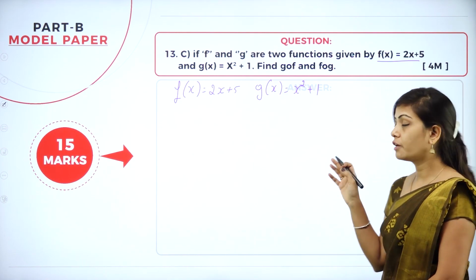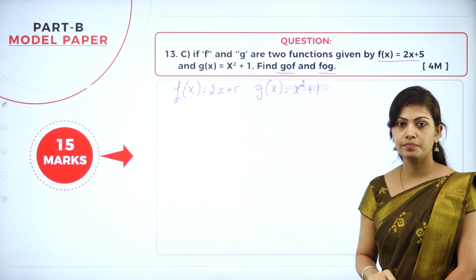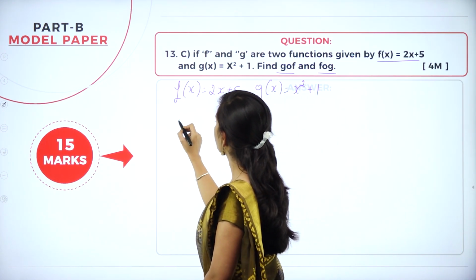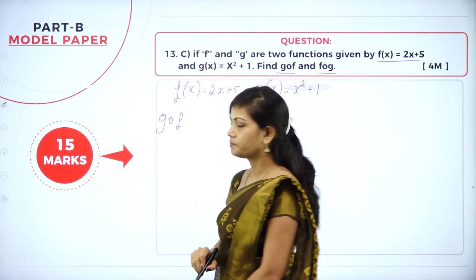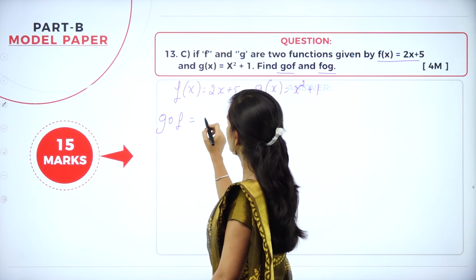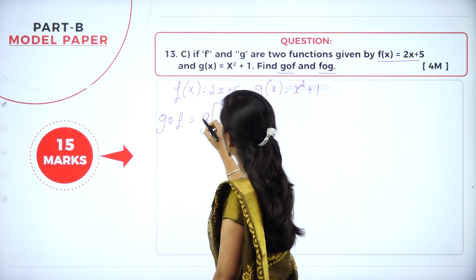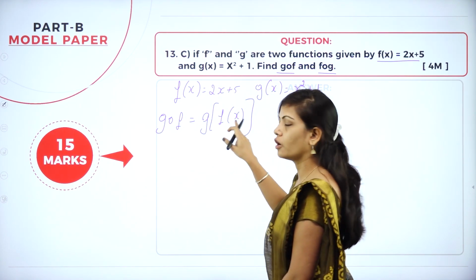Now we have to find g of f and f of g. I have discussed so many problems, right? Now first I will find out g of f. You can also write it as g of f of x.